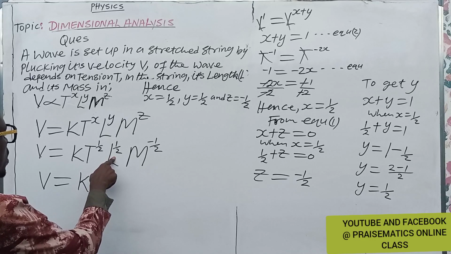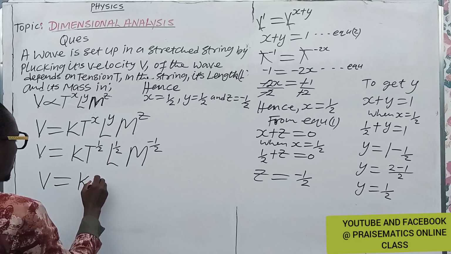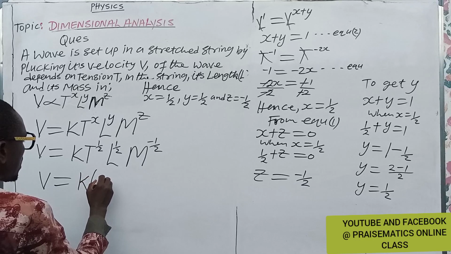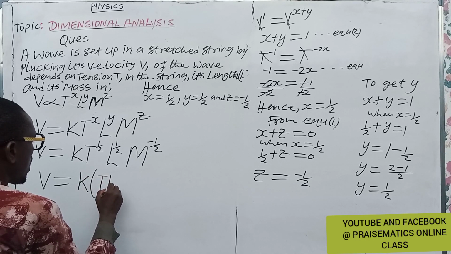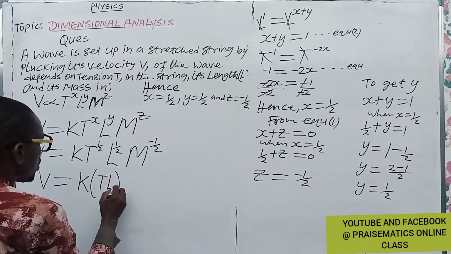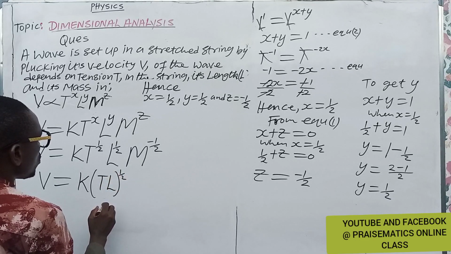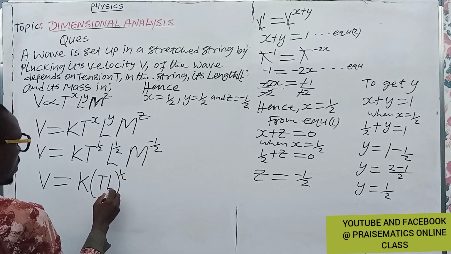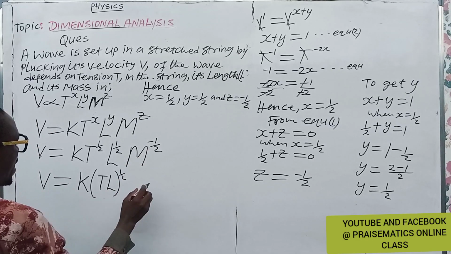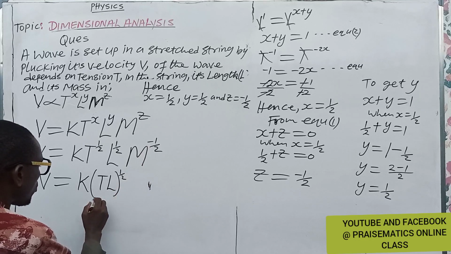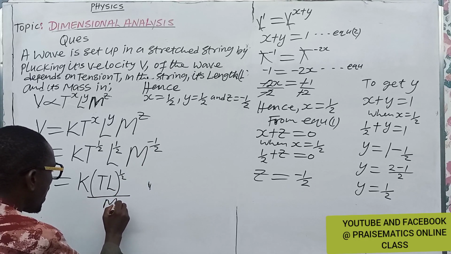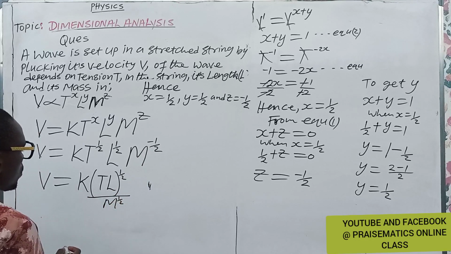From this place, we can collect this in like terms. We can have this as a bracket T L, raised to 1 over 2. This one is divided, because of this minus, it will now be divided by M raised to 1 over 2.